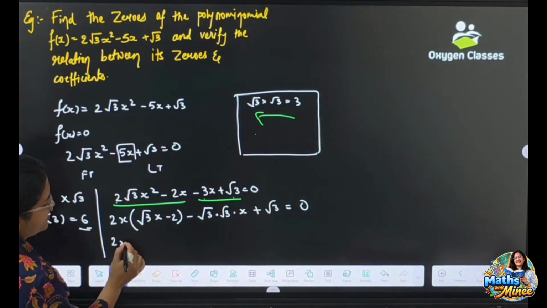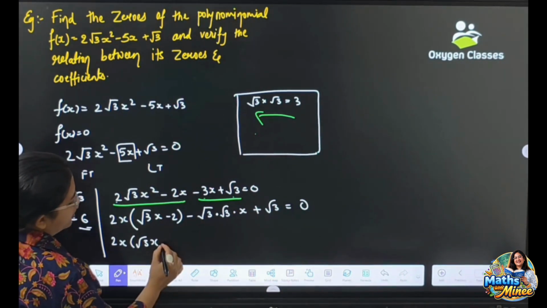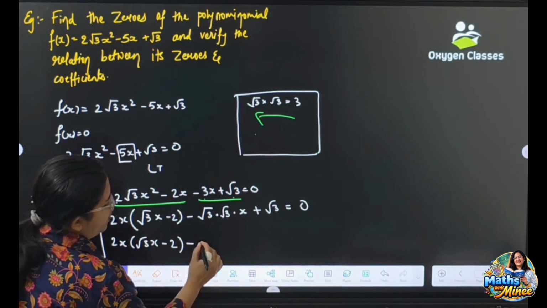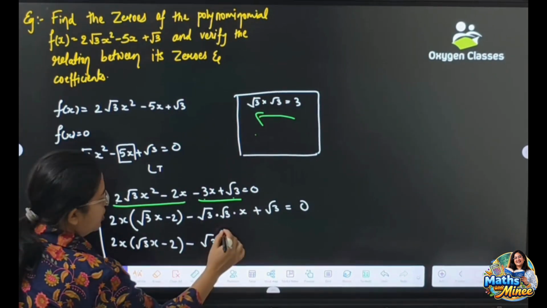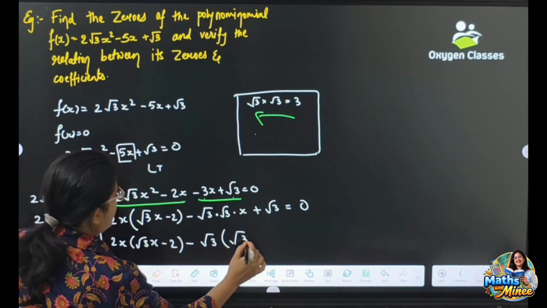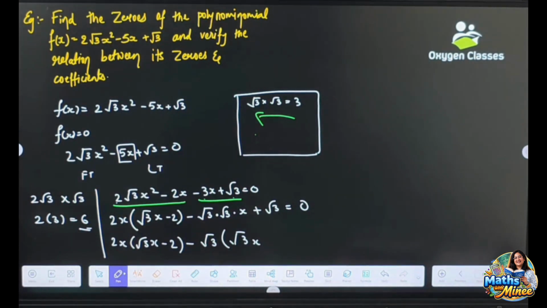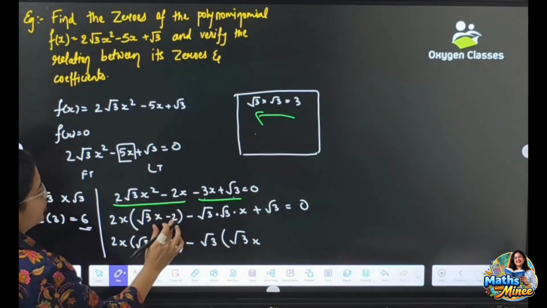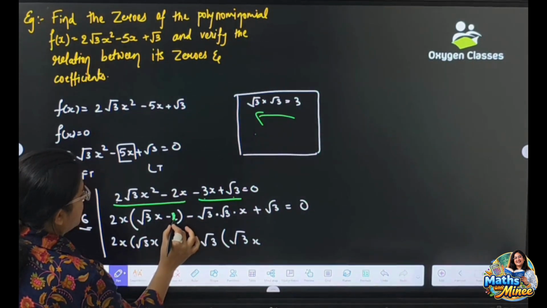As it is, पहला तो हम as it is लिख देंगे. 2x in a bracket root 3x minus 2. यहाँ पे now I can take out root 3 as common. So there will be root 3x, see यहाँ पे if you take out 2 as a common, so here you will get only 1.